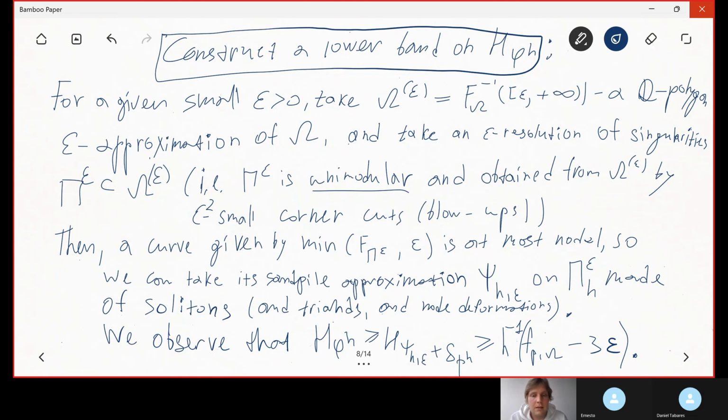Okay, and now we will use this tropical polynomial to construct a state on this pi sigma h, the discretization of the approximation, and this state will be given by the simplest approximation. So instead of every edge, you draw a soliton. Instead of every vertex, which is smooth, you put the triad, and wherever you have a node or something close to a node, you use this node approximation kind of solitonic state.